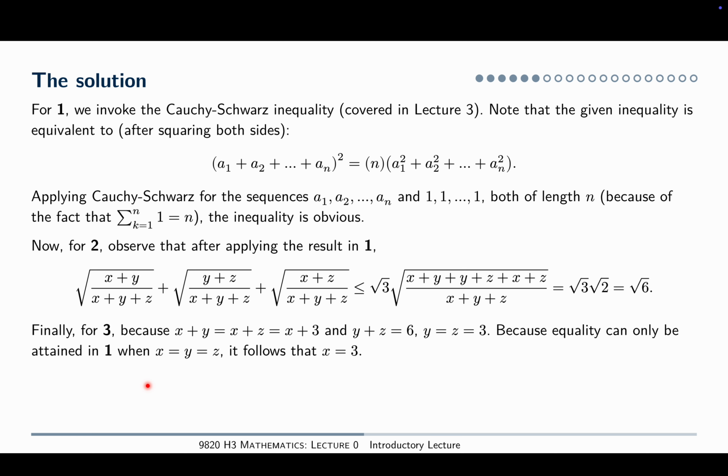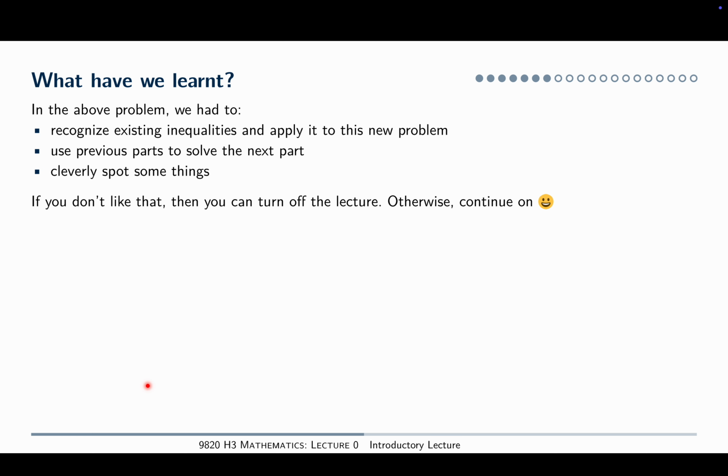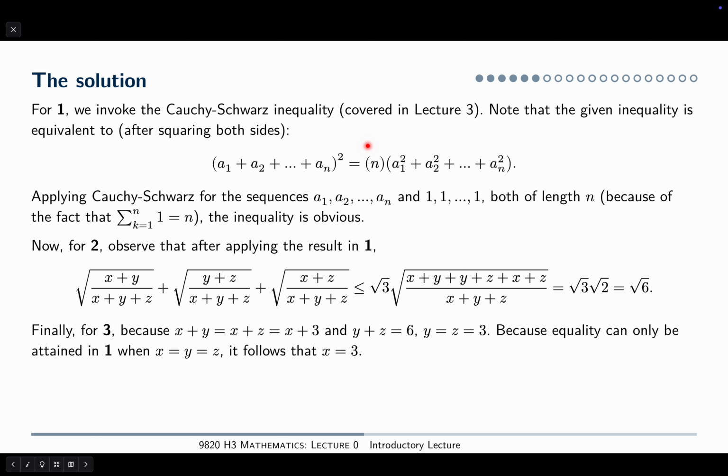Now, let's move on. What have we learned from this problem? We had to recognize existing inequalities when we had to apply them to this new problem. Particularly, we had to see that we could apply Cauchy-Schwarz. We have to also use previous parts to solve the next part, as you can see over here. We had to use 1 to solve 2, and we also had to use 1 to solve 3.